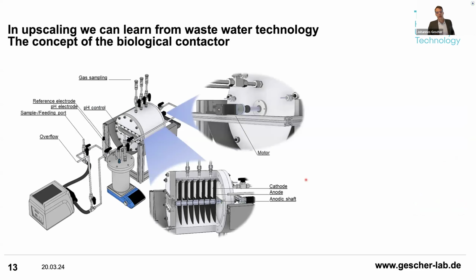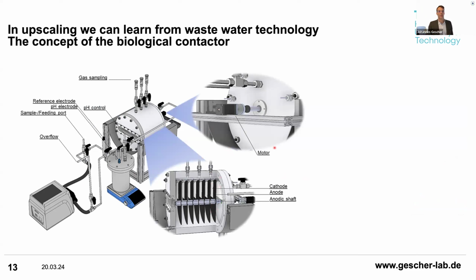We thought that we can actually do the same thing also with bioelectrochemical systems. We set up this reactor setup here where the rotating discs are actually the anodes of our system, and we have the counter electrodes, the cathode, just a centimeter away from these systems.